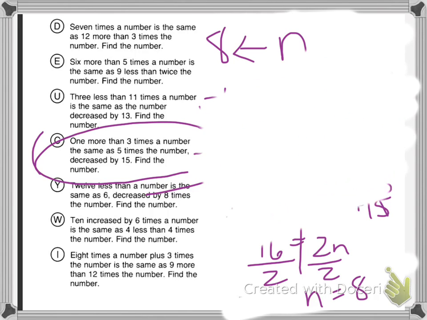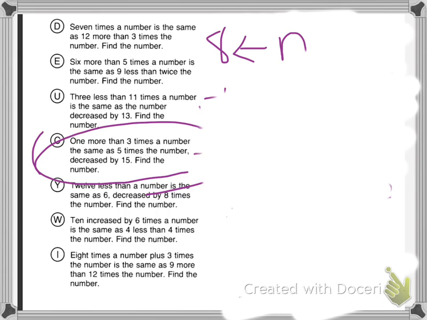I'm going to erase my process because all I have now is the word problem, and that's all I need. It says one more than 3 times a number. What is 3 times the number that I think it is? What's one more than 3 times 8? So 3 times 8 is 24, and one more than that is 25.